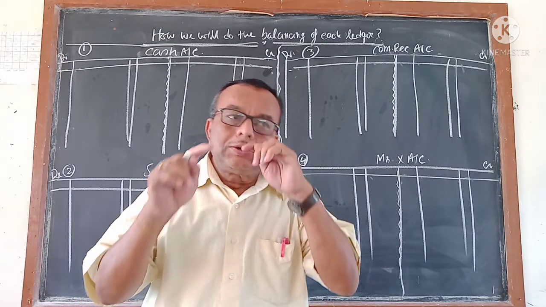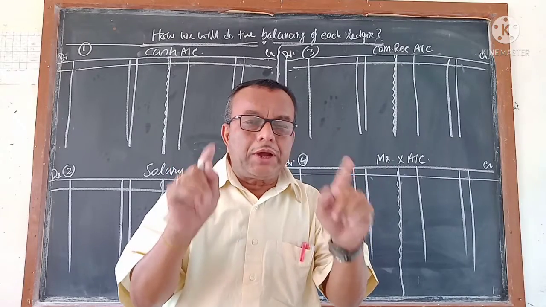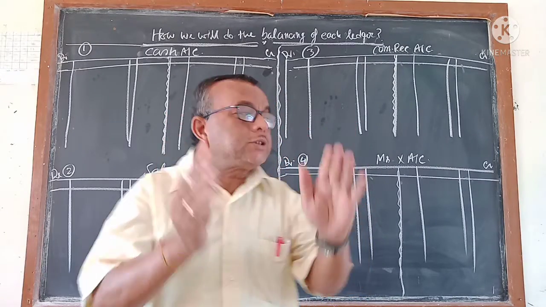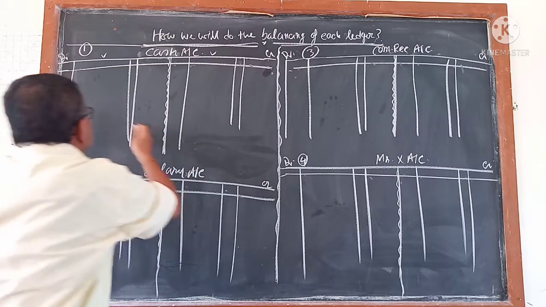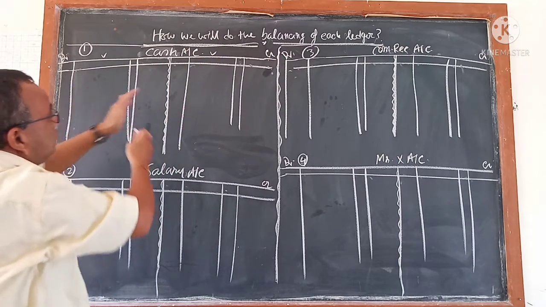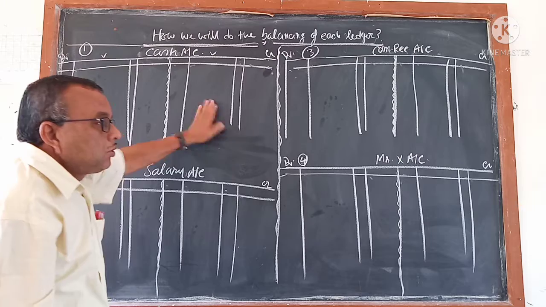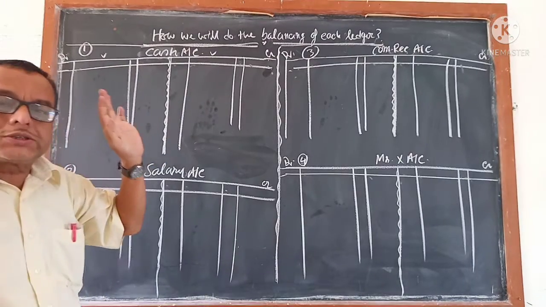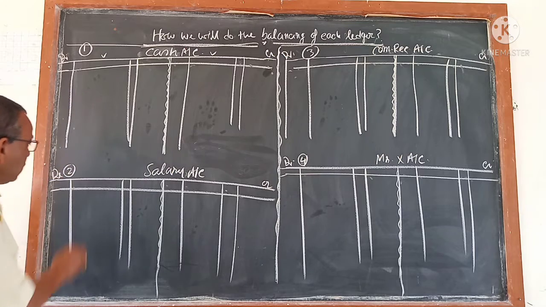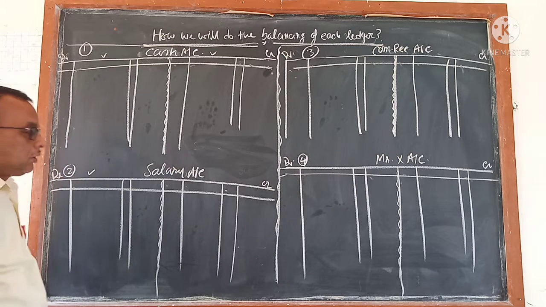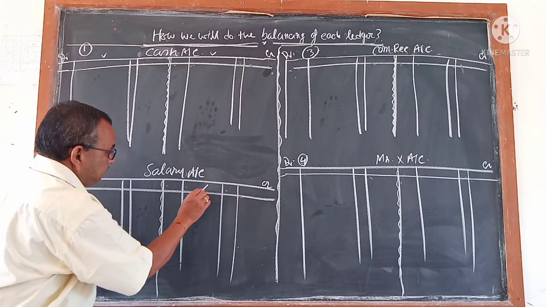Whenever you have done ledger posting, you have seen that in some of the ledgers, both sides were posted. Some of the accounts you wrote on this side, some on that side. Some of the accounts you might have seen had only one side posting, and the other side posting was not there.